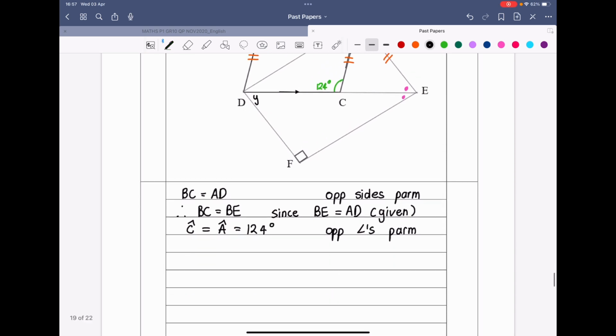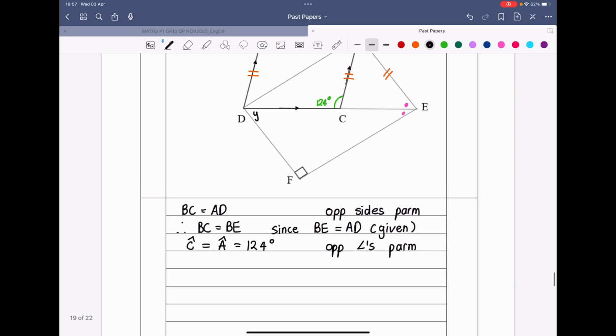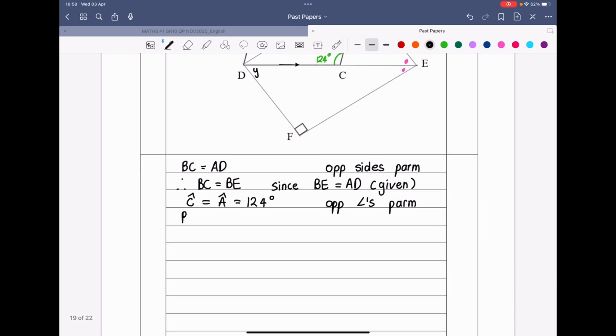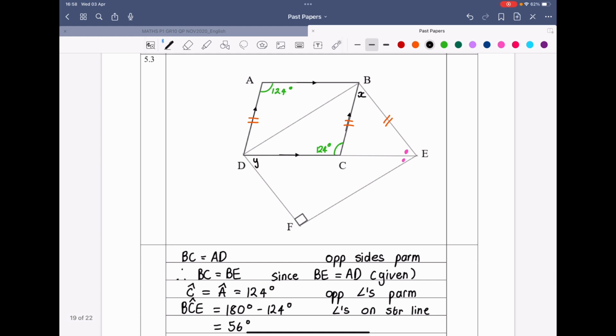So I'm going to say that BCE is equal to 180 minus 124, and that's angles on a straight line. And that is equal to 56 degrees. And I'm going to put this on my diagram.